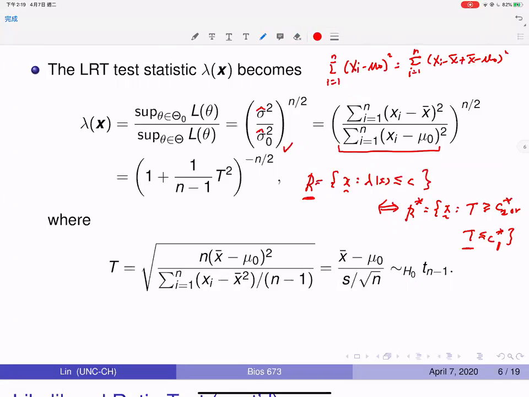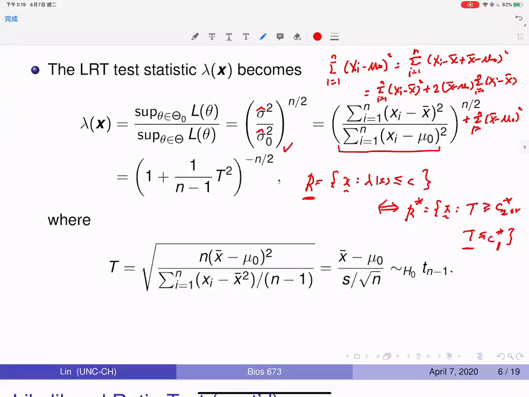By doing so, you will say it's summation i from 1 to n, xi minus x bar taking square, then plus 2 times x bar minus mu 0, then summation i from 1 to n, then xi minus x bar, then plus summation i from 1 to n, then x bar minus mu 0, then taking square.